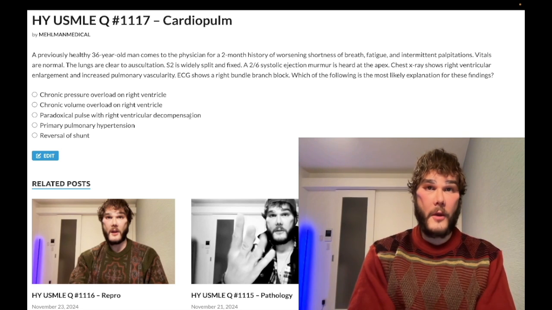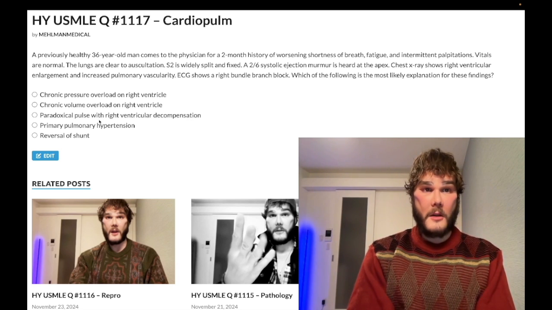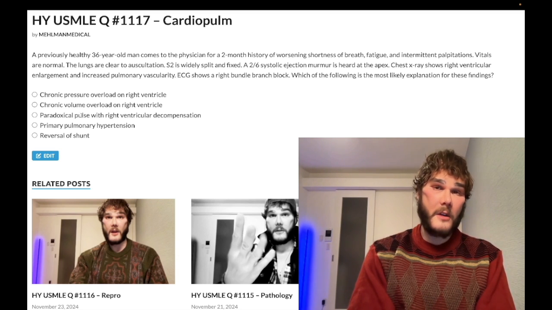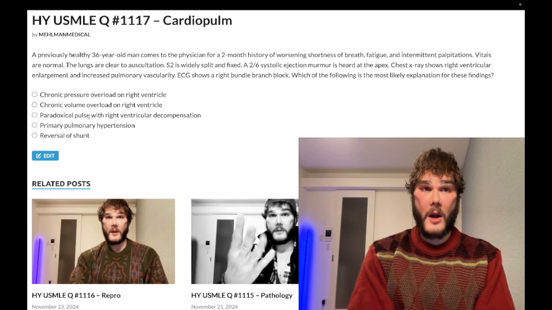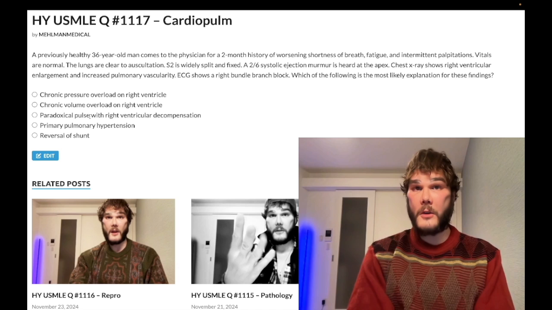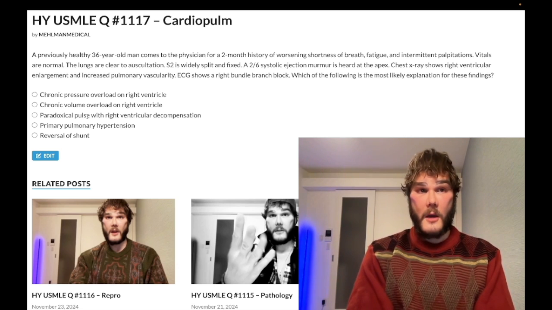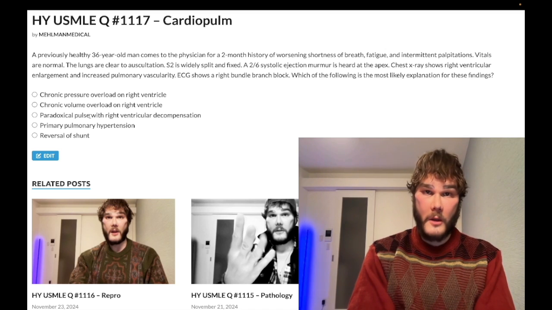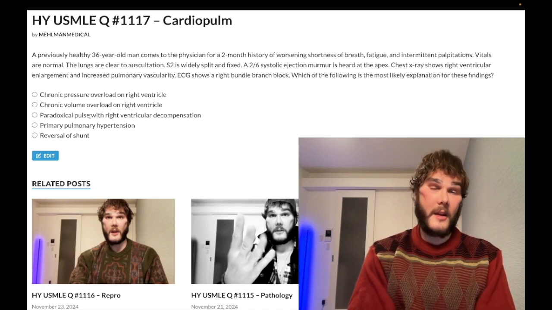So let's just hop through the other answer choices. Choice C, paradoxical pulse, right ventricular decompensation, wrong answer. I've seen USMLE write pulsus paradoxus as paradoxical pulse. This will somehow confuse like 8% of students. Pulsus paradoxus, drop in systolic blood pressure greater than 10 millimeters of mercury with inspiration. 19 out of 20 times it will refer to cardiac tamponade.